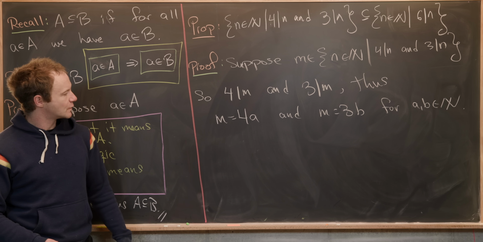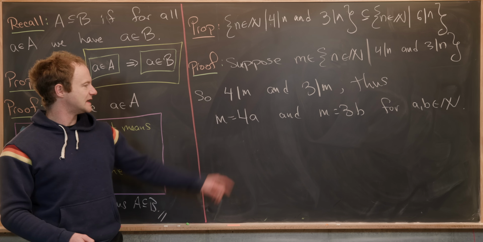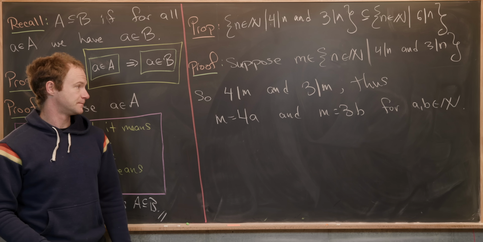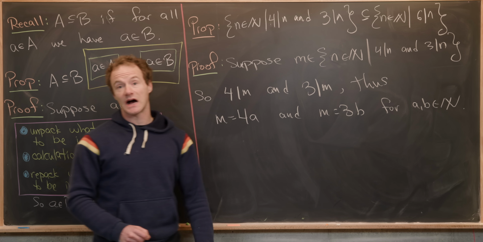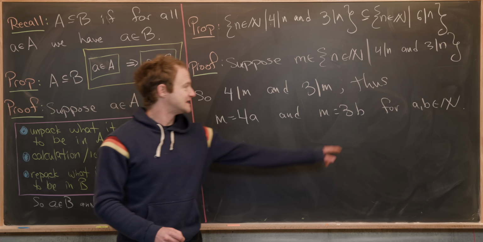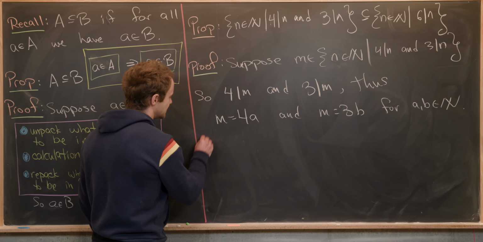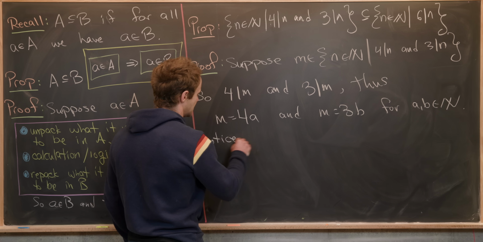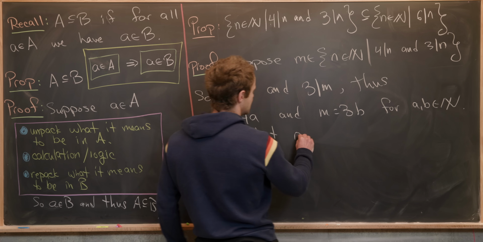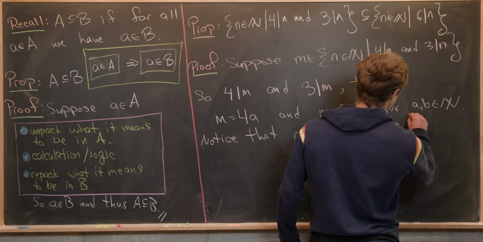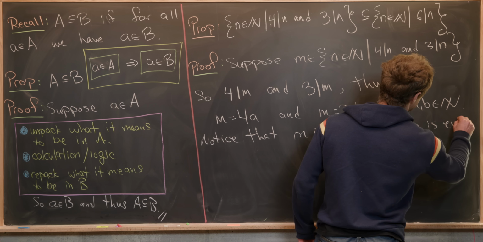Now next, we can see that the fact that m equals 4 times a means that m is even. 3 is clearly not even. So what that means is that b must be even. So let's write that down. So notice that m is even, thus b is even.